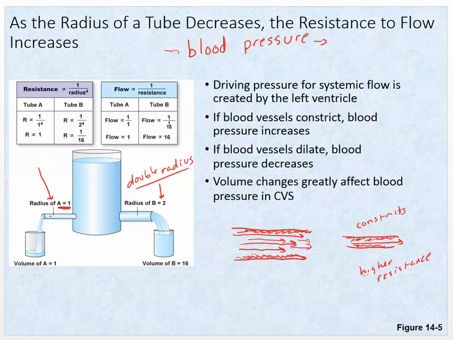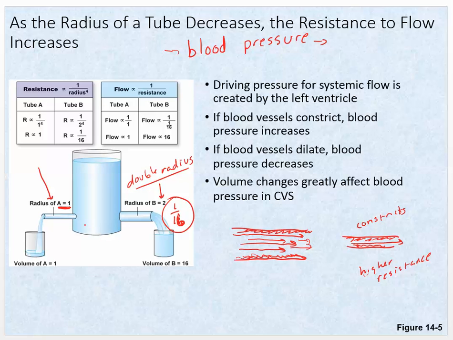So that means that instead of just saying, oh, well, this is a radius of 1, so it has a resistance of, we'll just say 1, and so it went to 2, so the resistance is a half. It's not a half. It's actually 1 over 2 to the 4th, which means it's only 1/16 of that resistance. Okay. What does this mean?